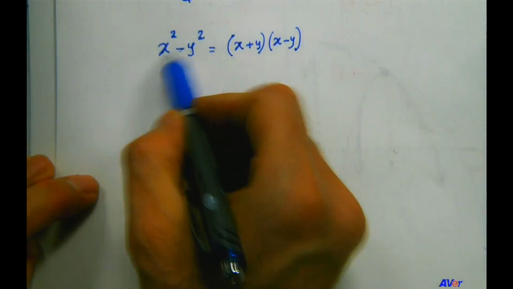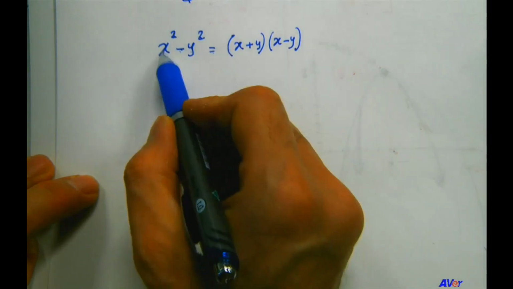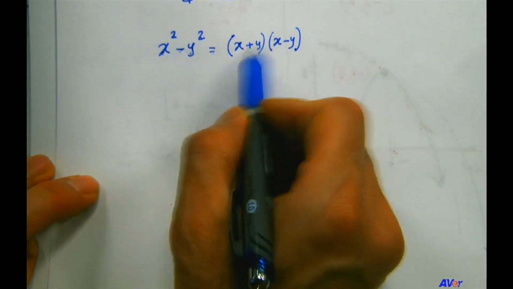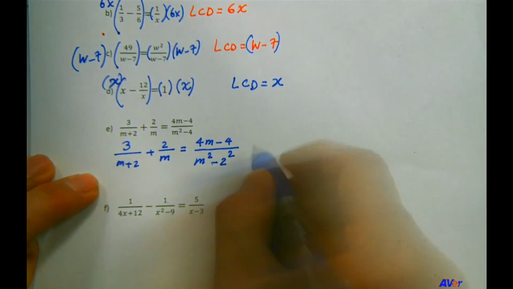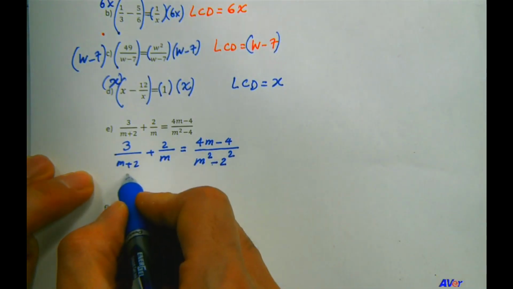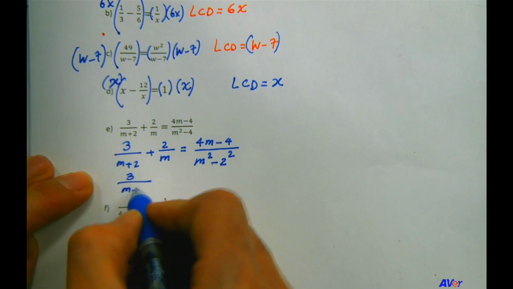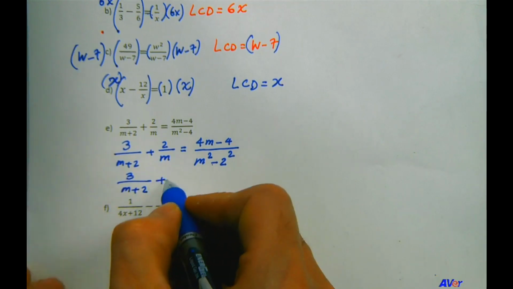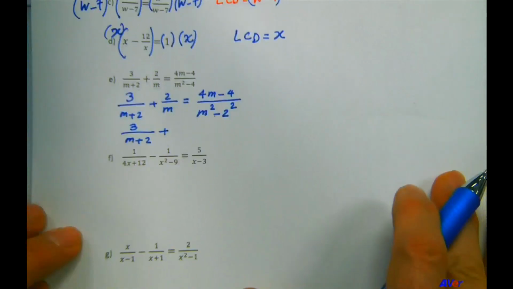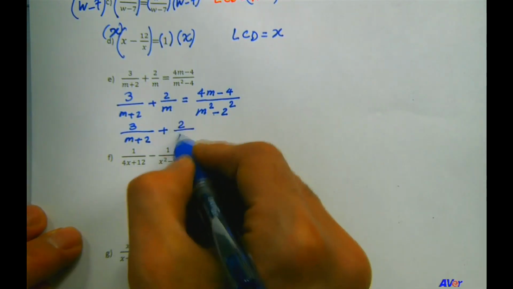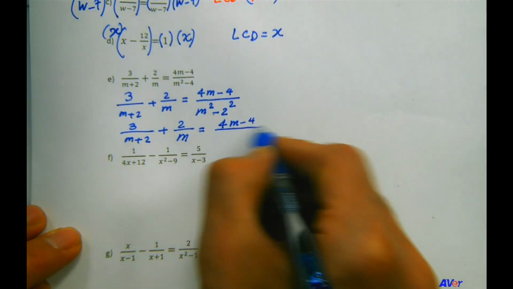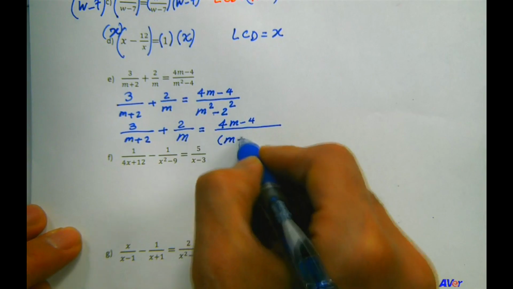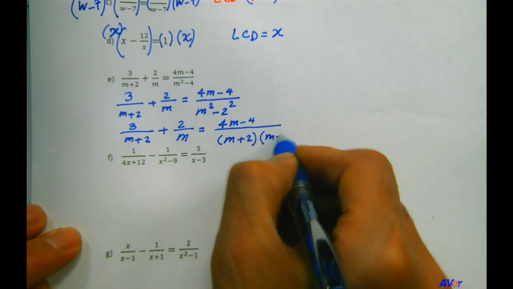A perfect square minus a perfect square equals x plus y times x minus y. So how can we factor this then? We can then say 3 over m plus 2 plus 2 over m equals 4m minus 4 divided by m plus 2 times m minus 2.